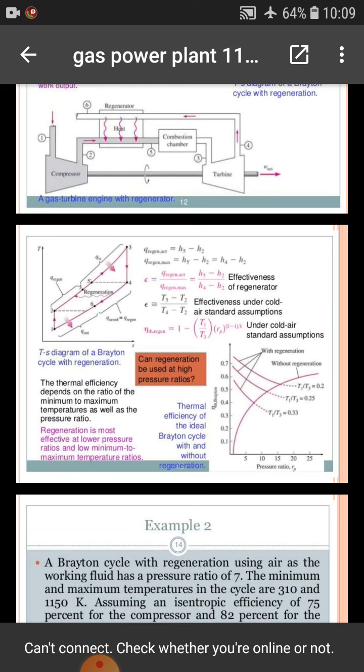Heat is transferred from the exhaust gases to the combustion chamber inlet gases. That's why we increase the efficiency of the plant here.